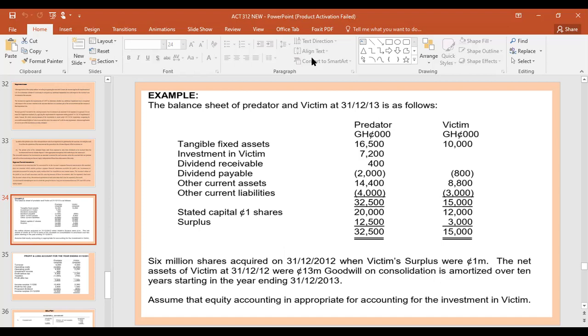Then you add it to your tangible fixed asset and then the investment to get one side of your balance sheet to balance. So you get 32,800.